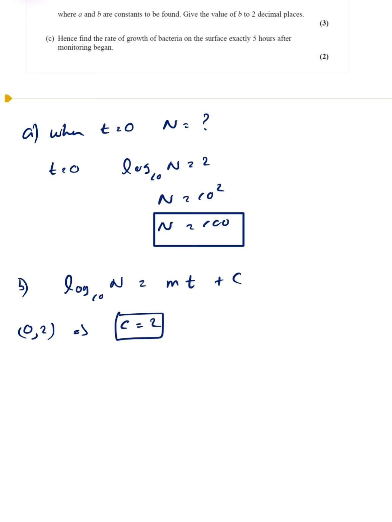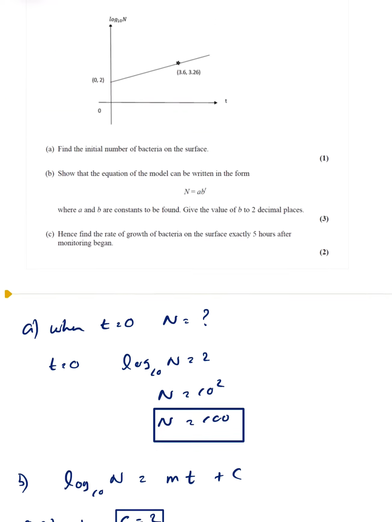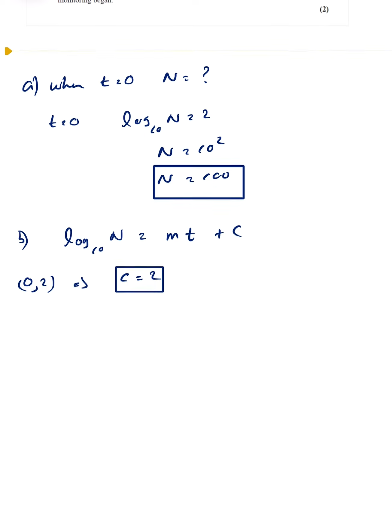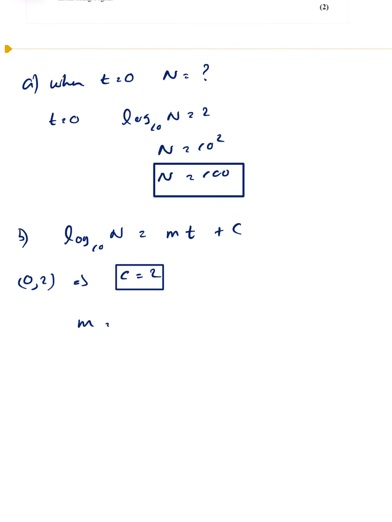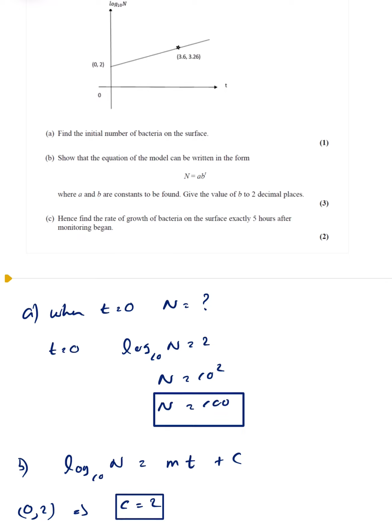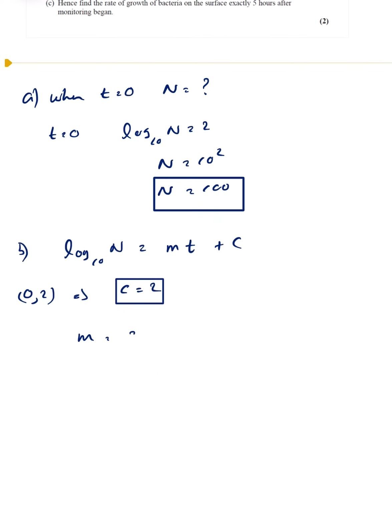Also, the graph passes through (3.6, 3.26), so the gradient should be 3.26 minus 2, divided by 3.6 minus 0, and this should be 7 over 20, in other words 0.35.